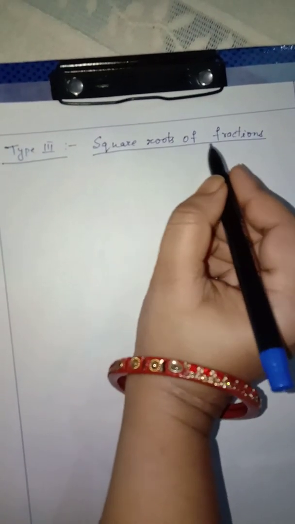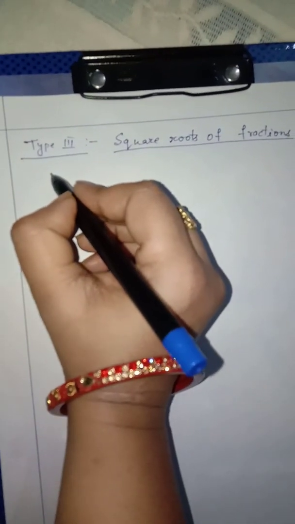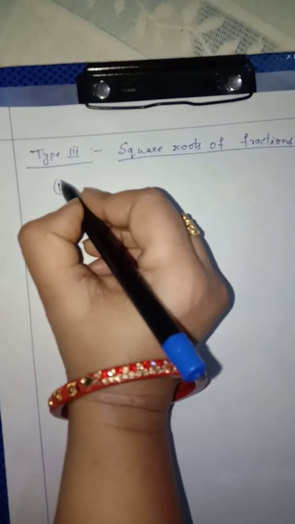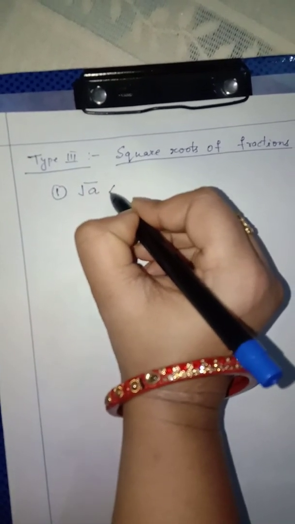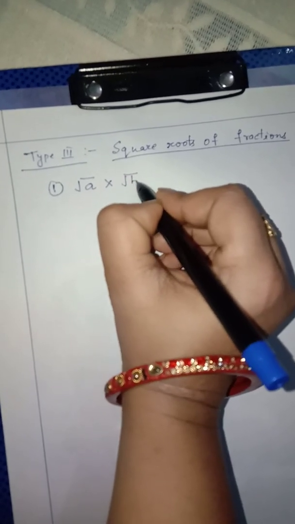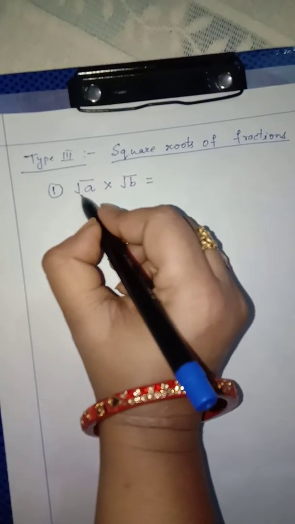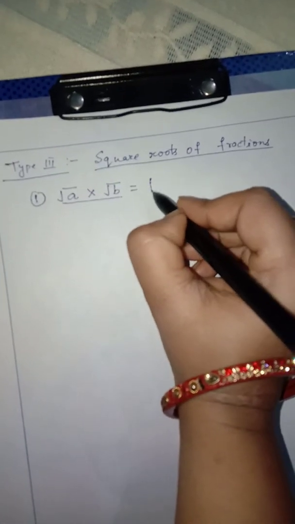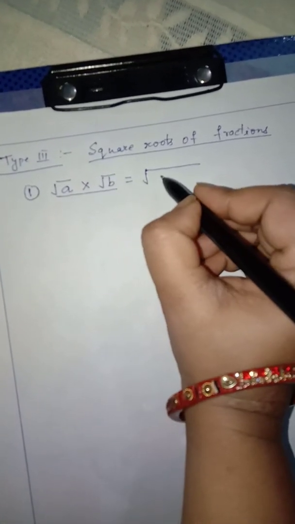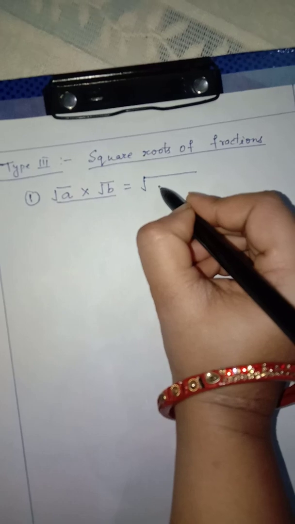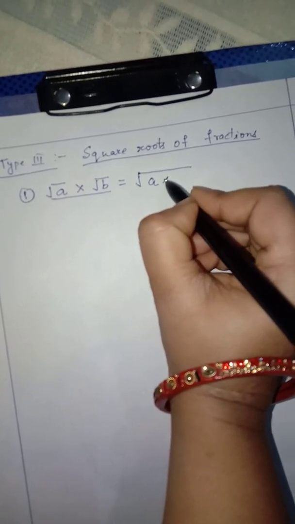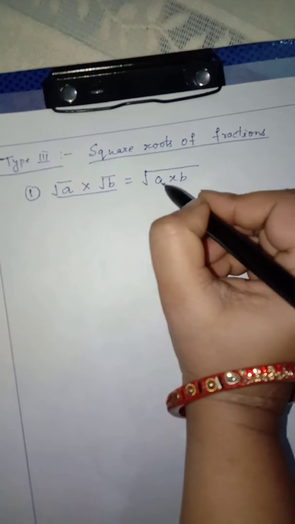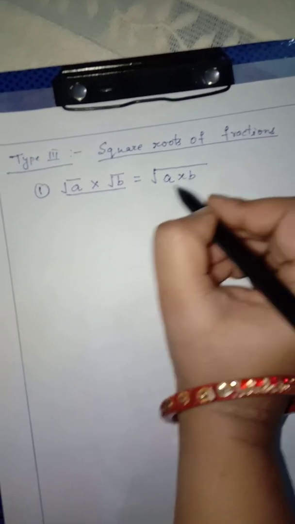How to find the square roots of fractions? The first formula is root a into root b, if our question is in this form, first of all we will simplify it, and this is equal to the square root of a into b.